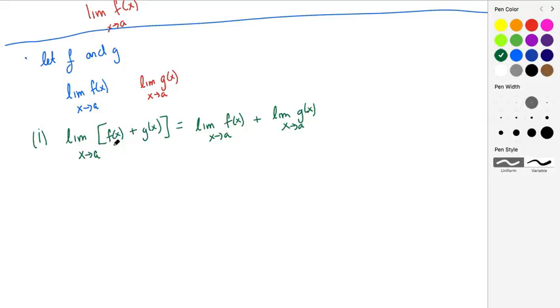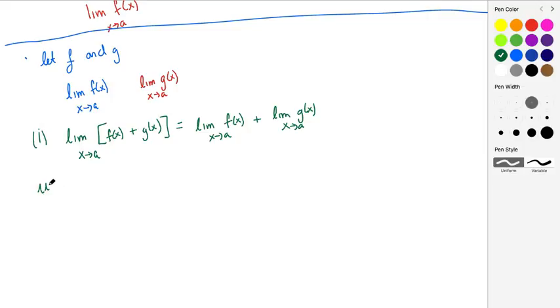So if you have the limit of two functions being added, both with respect to x, then the limit of those functions added as x approaches a is just the limit of f of x as x approaches a plus the limit of g of x as x approaches a. So you can just do them separately.